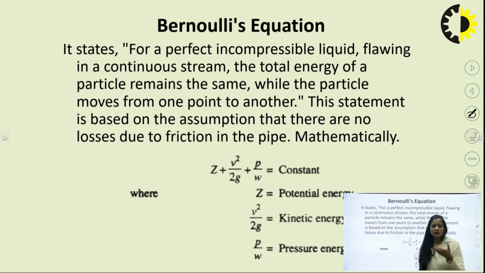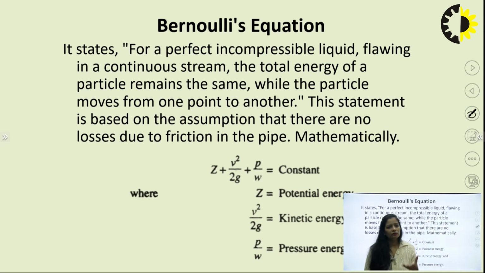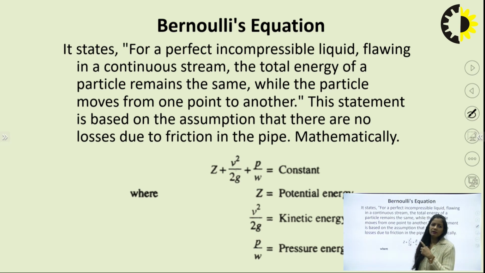He assumed that the flowing fluid must be incompressible and must be a continuous stream. There are some assumptions involved in this statement, but the overall conclusion is the same: the energy conserved must be constant from section to section.